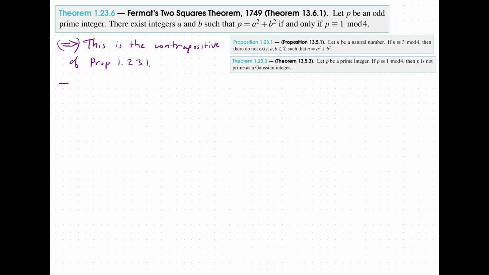So let's prove the backwards direction. Let us take p congruent to 1 mod 4. So by theorem 1.23.3, we have that p is not a Gaussian prime.